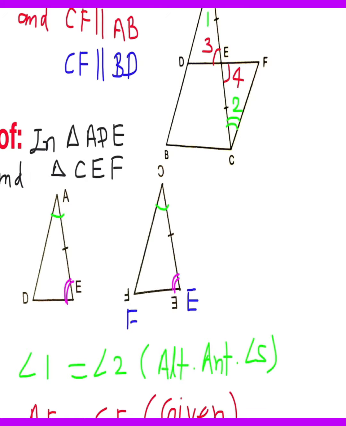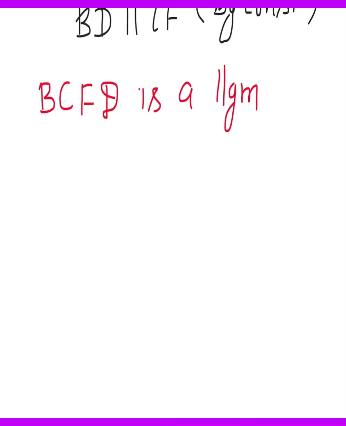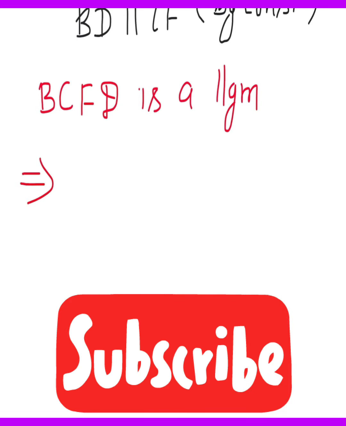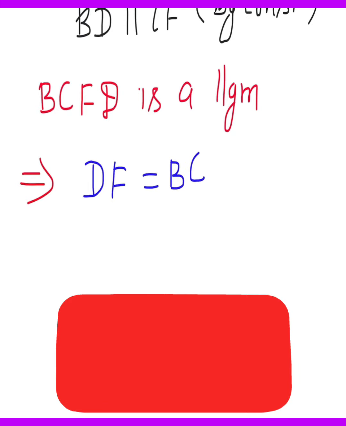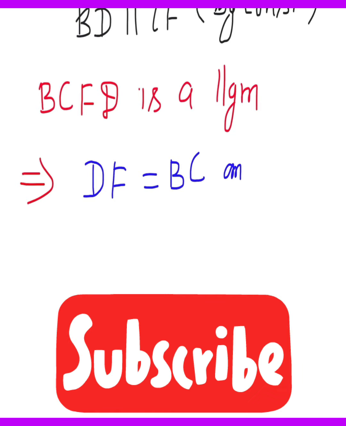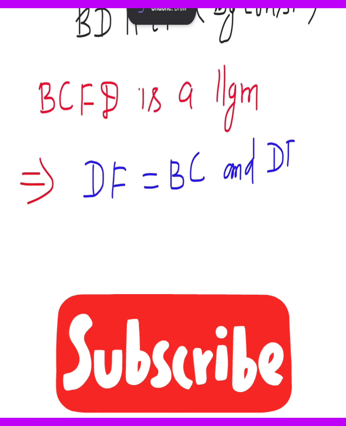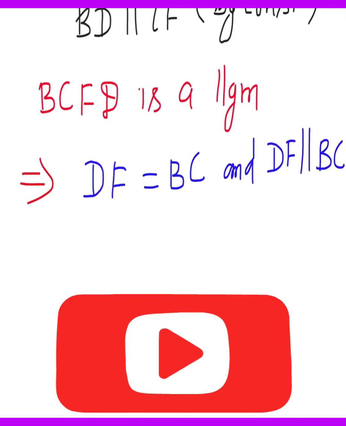So you will use here the result that this implies DF equal to BC and DF parallel to BC, because these are the opposite sides of a parallelogram.